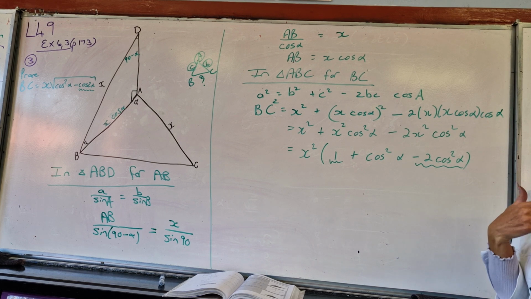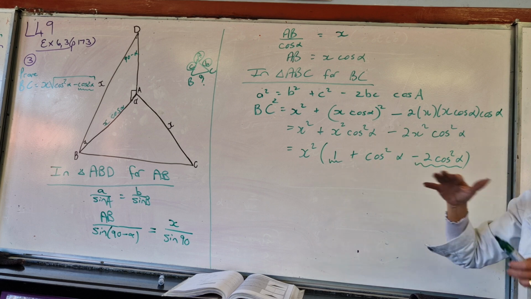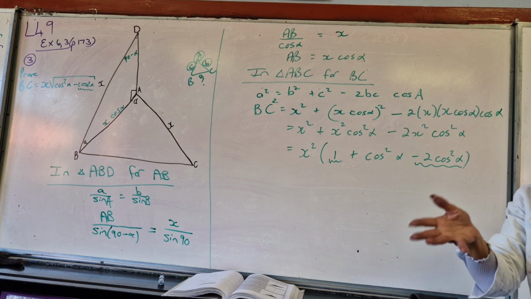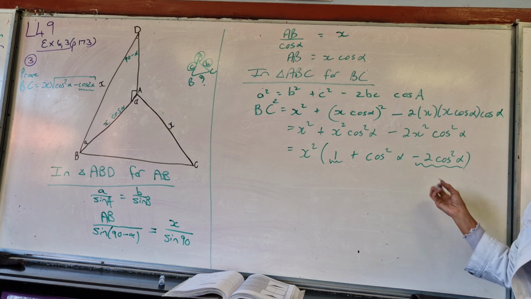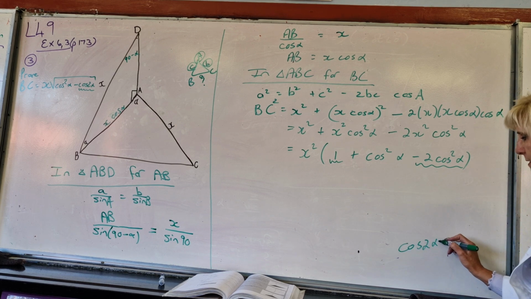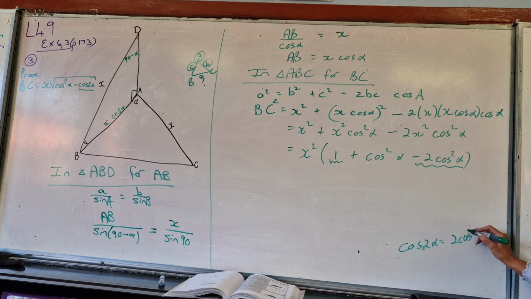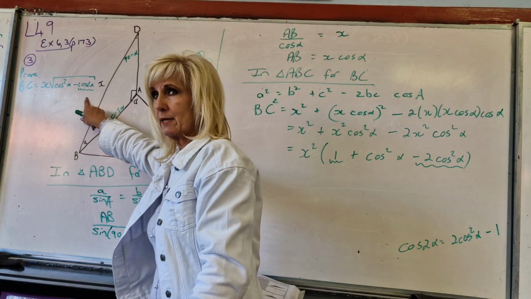What are we inclined to do? Add the like terms, which is right, and then what? Then you've got to split them up again. Because you need it to be split up to get to a double angle formula. Because the double angle formula states 2 cos squared minus 1. I'm aiming for minus.